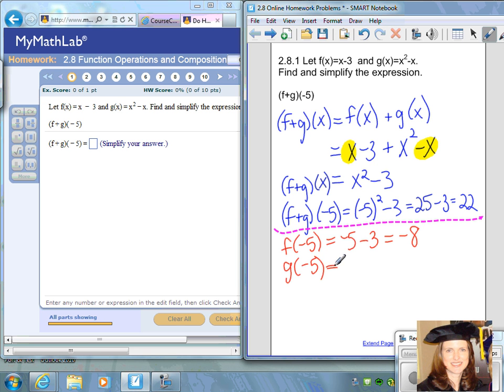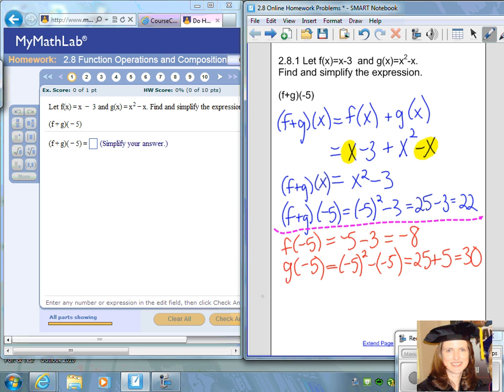And then you find g of negative 5. Plug negative 5 into the g of x function. Negative 5 squared minus, in parentheses, negative 5. When you simplify this, it's 25 plus 5, which is equal to 30.